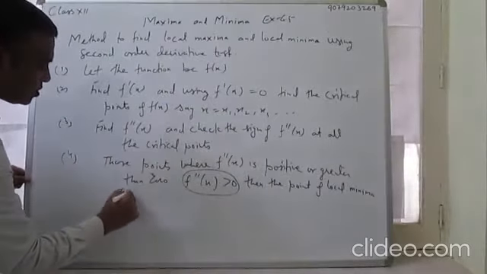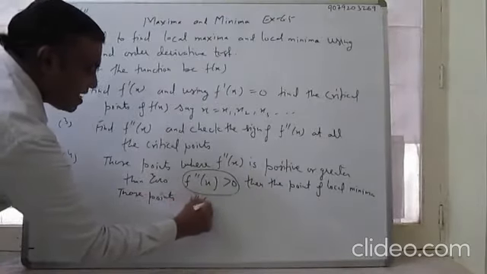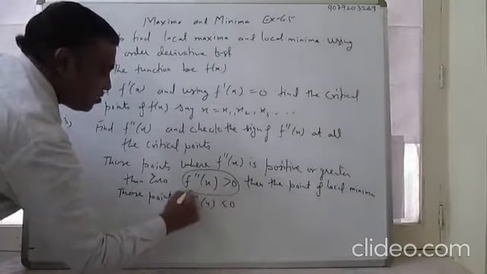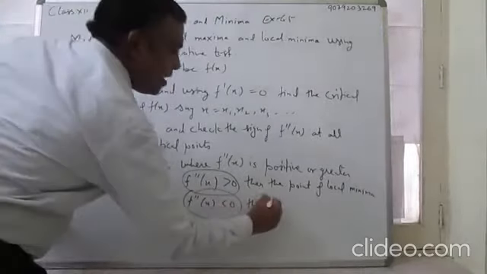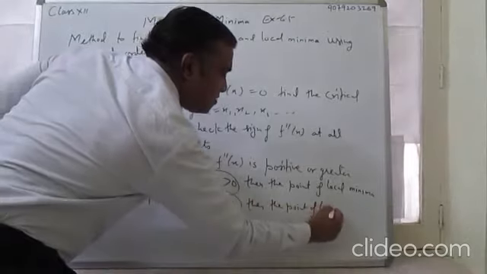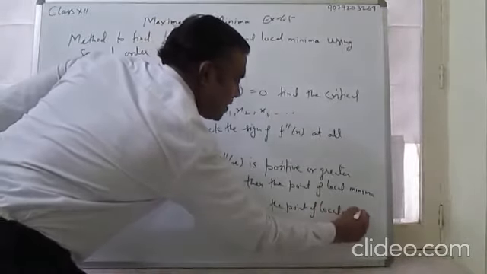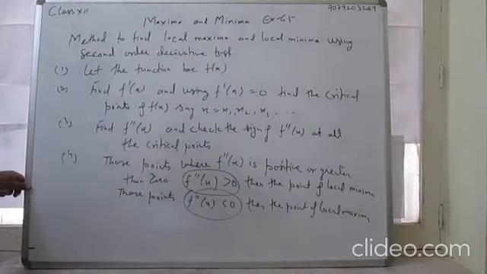Those points where f double dash x is less than 0, then the point is a local maxima.